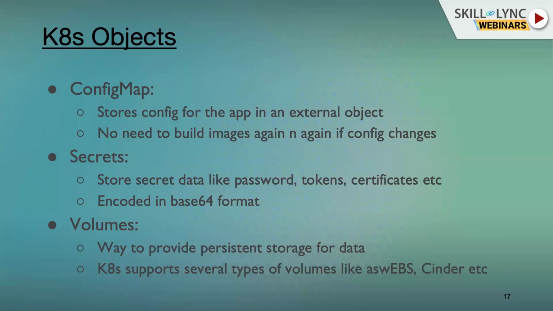If you want to persist the data even after the container process has finished working, then you want to have some persistent storage, basically some storage outside the container, volumes, right? And Kubernetes supports all these volumes like AWS EBS, which is block storage from AWS, or Cinder, which is block storage from OpenStack.